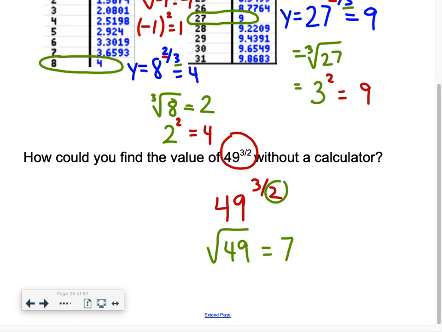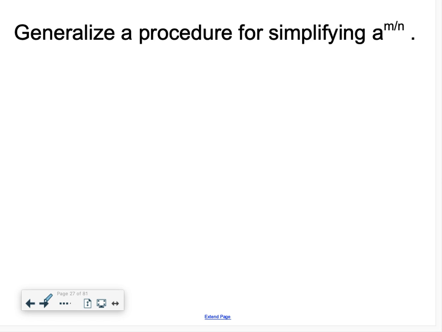And then the numerator is the power, so now I'm going to square that and get 49. Oops, sorry, cube it. Not square it, the power is cube. And so that would be 7 cubed, not 7 squared, sorry. So maybe you were seeing this pattern, okay? So if not, we're going to generalize it right now.